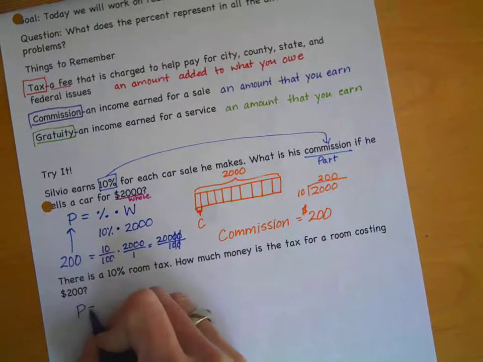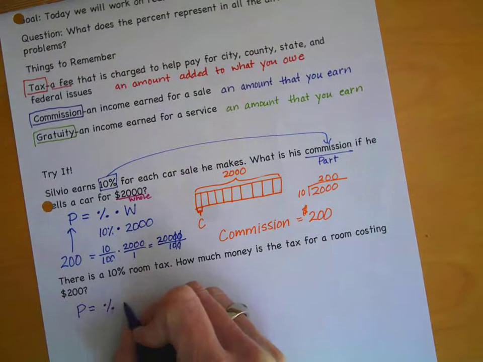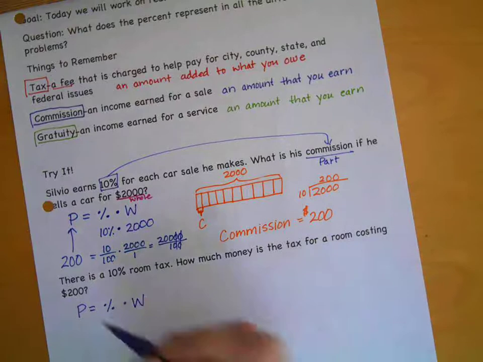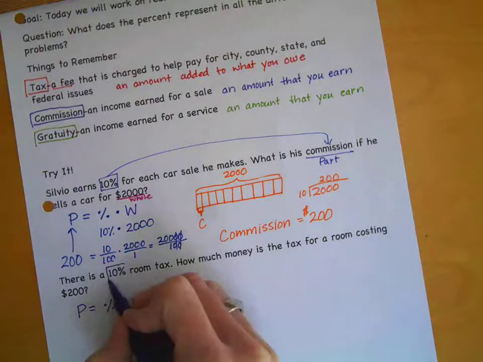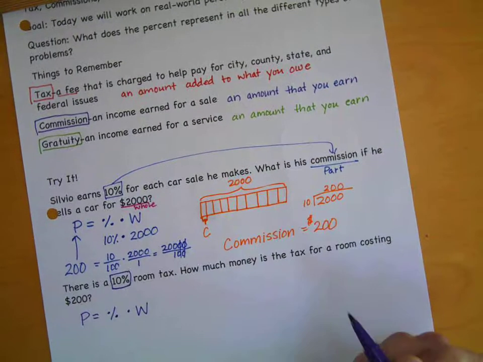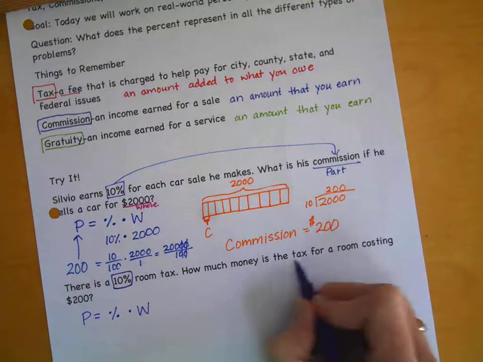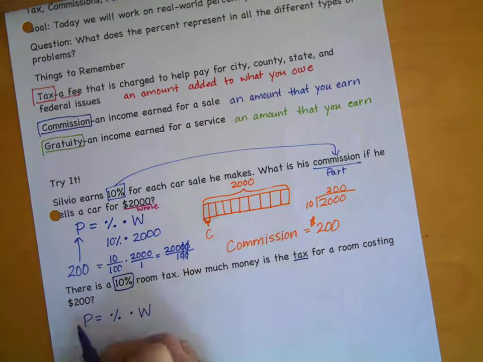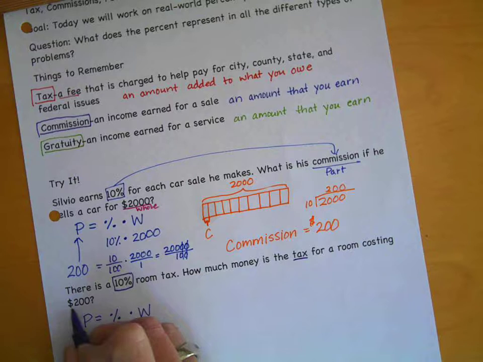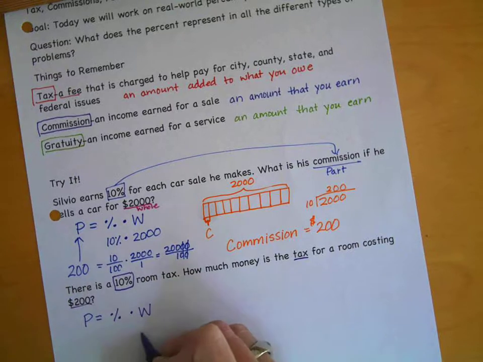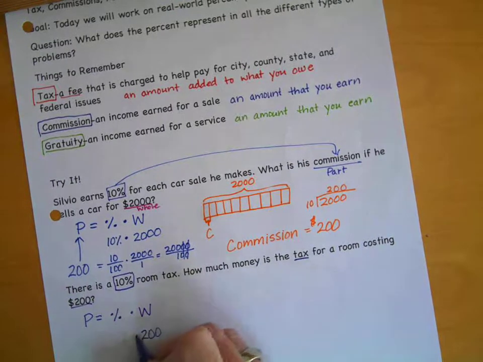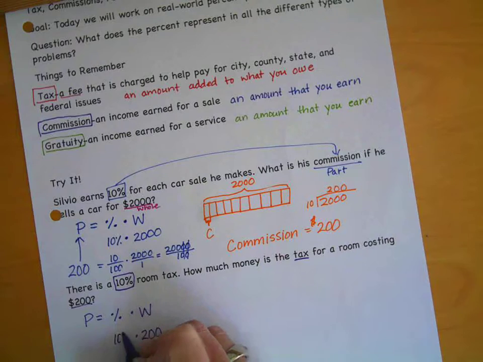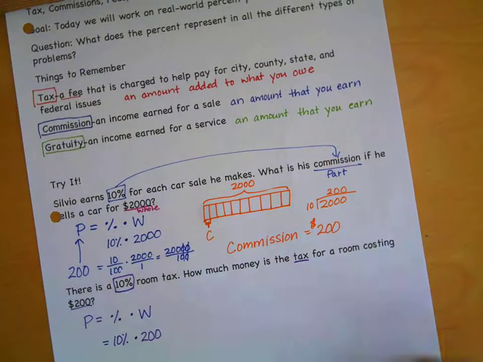All right, so again, we're going to use our part equals percent times whole. We know that it is 10% for the room tax, and we know that the room itself cost $200, and so I'm going to say the room is the whole. The tax was 10%, so we're trying to figure out the tax.